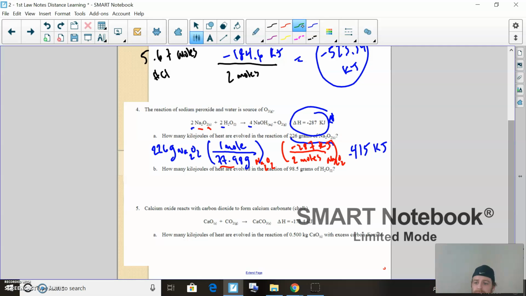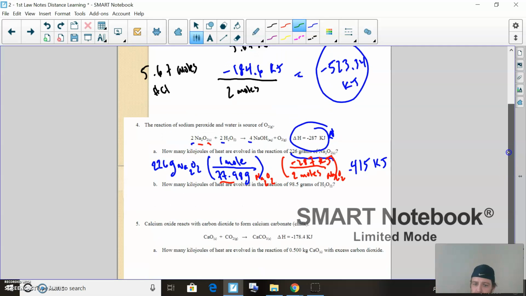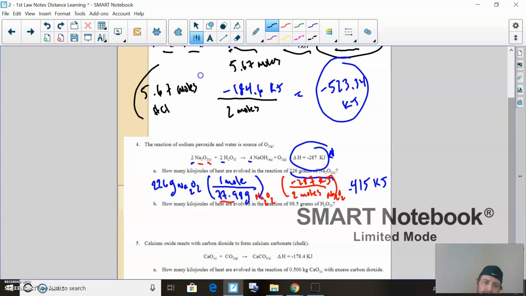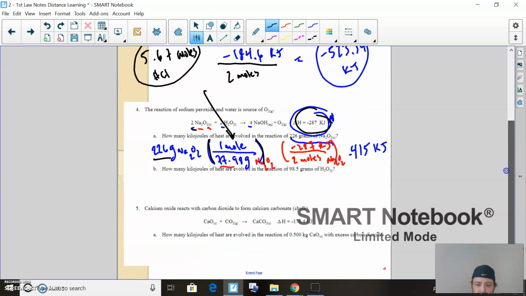Notice the difference between these two problems: this one's in moles already, so I don't have to do this bracket. I can skip the grams to moles conversion. This one's in grams, so I have to convert it to moles, and then I can apply my coefficient.